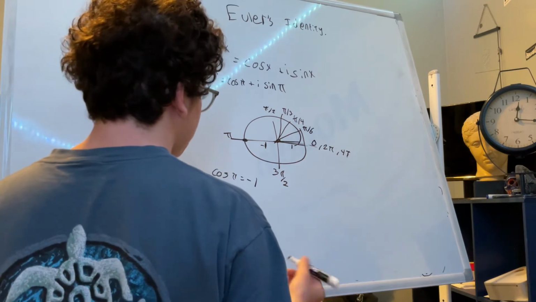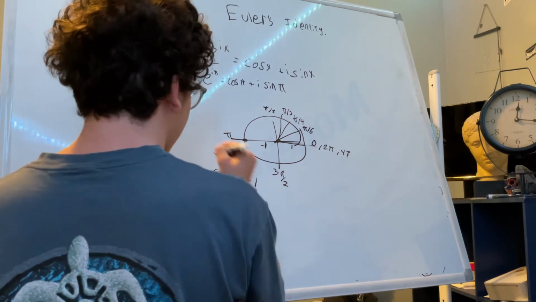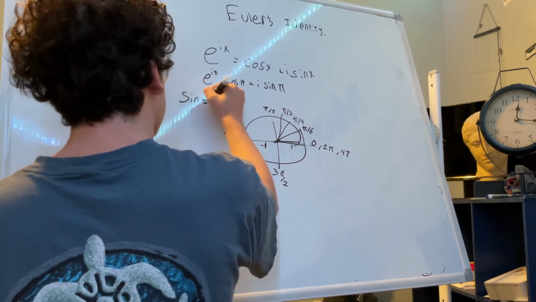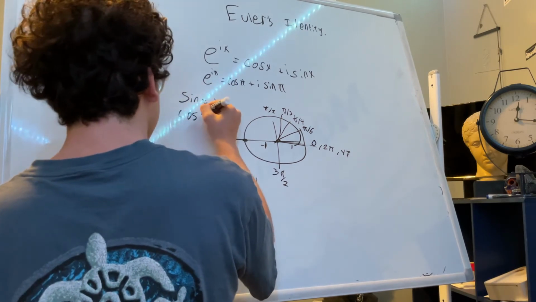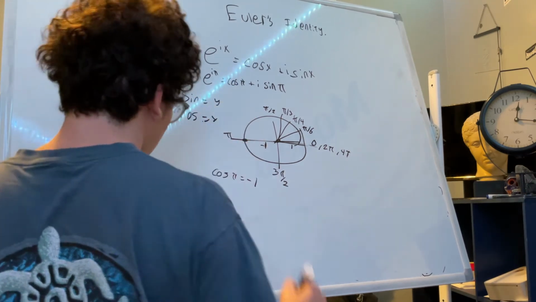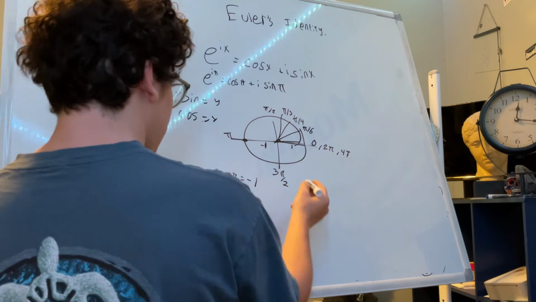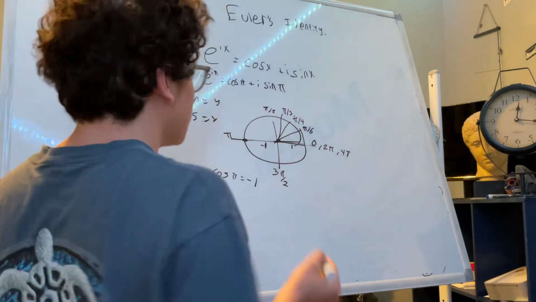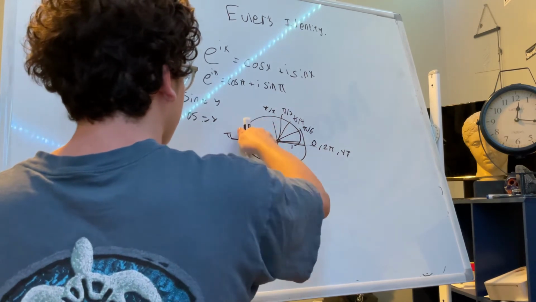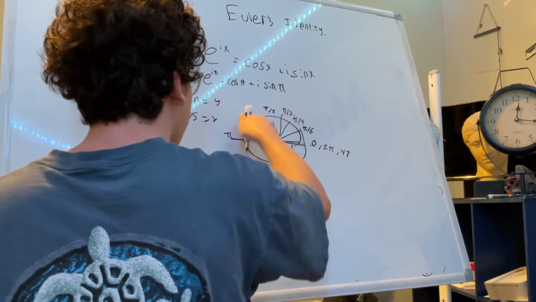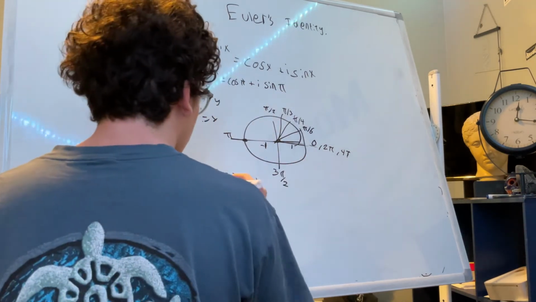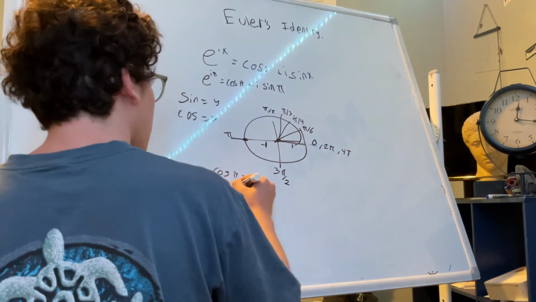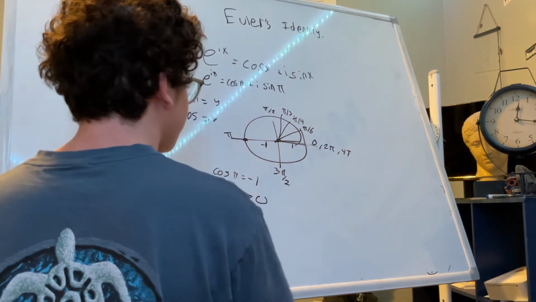Now let's do the same thing with sine. Sine is just the y value. Sine equals y, cosine equals x, okay? So, the sine value of this is 0 because we aren't going up any units. We're just sitting here. We haven't gone up at all. We're just stationary. So, we know that sine pi is equal to 0.